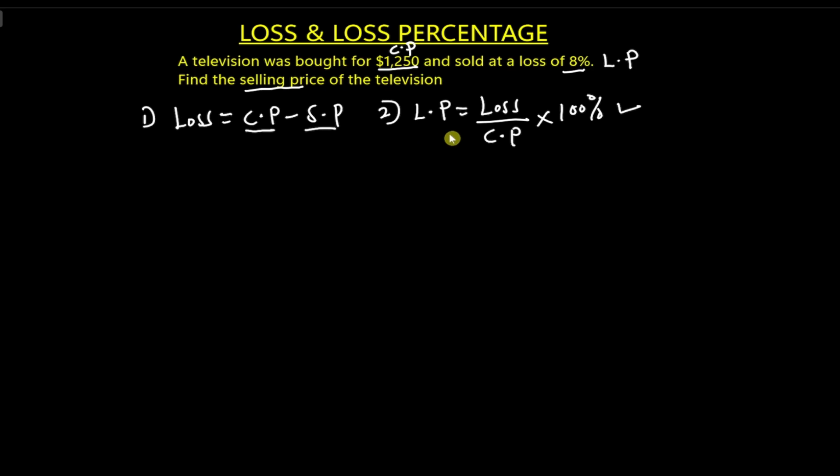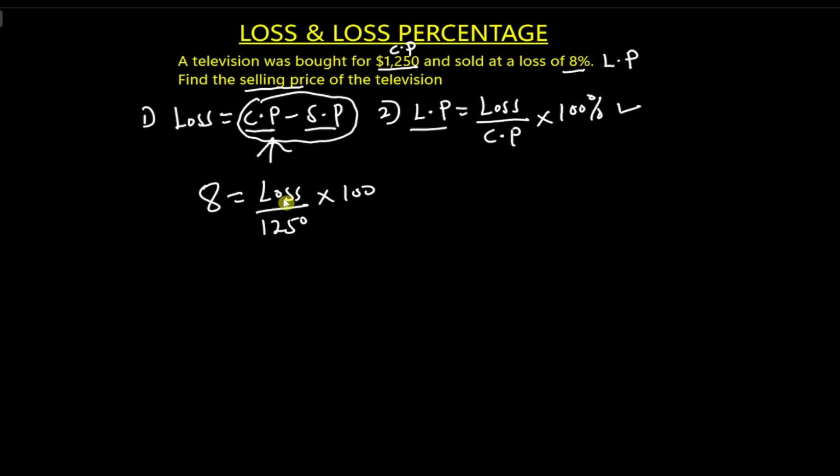Now let's substitute what we have into the formula. Now the loss percent over here was given as 8%, so 8, we can ignore the percentage, and then in our final answer we can bring it. The loss over the cost price, the cost price is 1,250 times 100, but we know the loss over here to be the cost price minus selling price, so we can substitute cost price minus selling price in place of the loss.